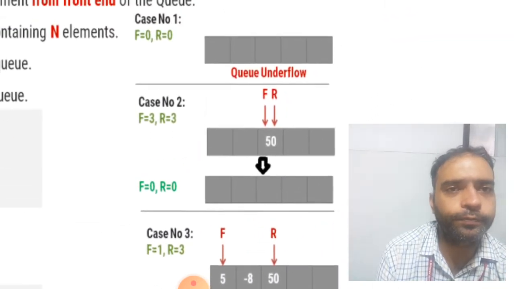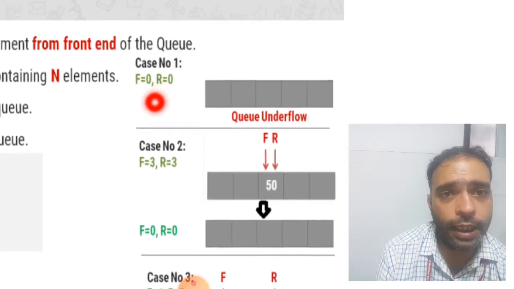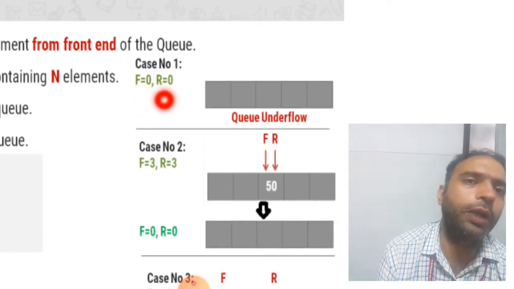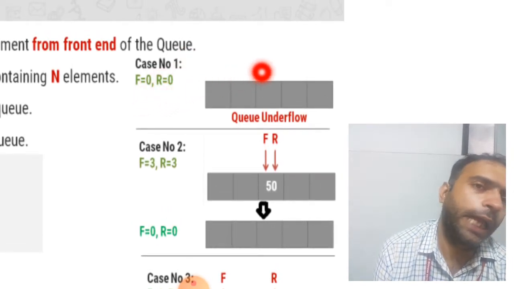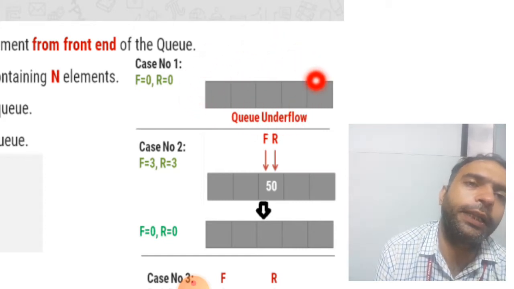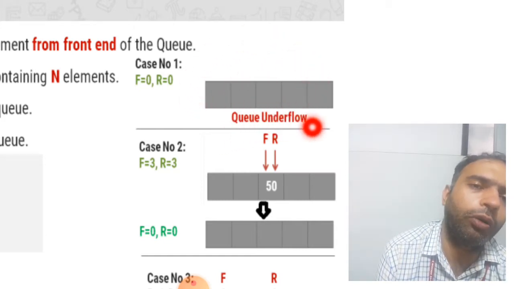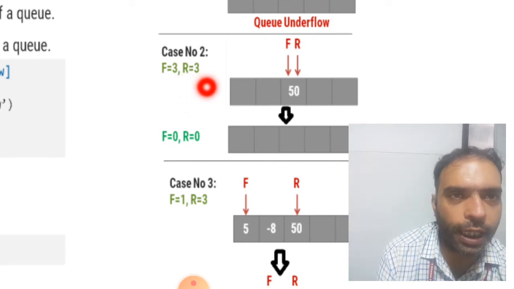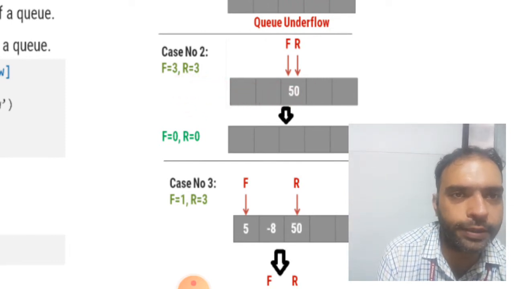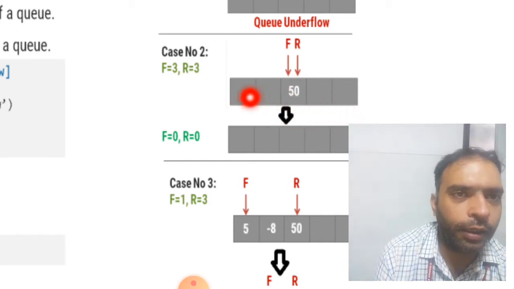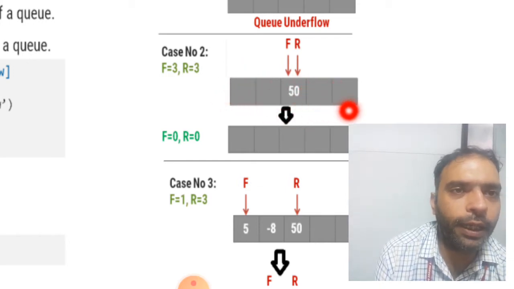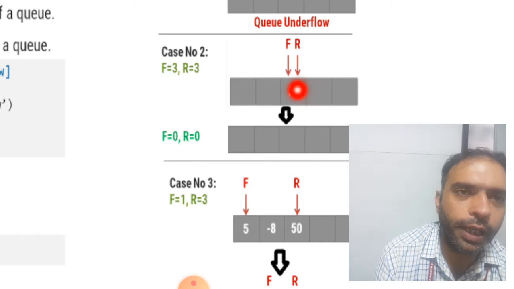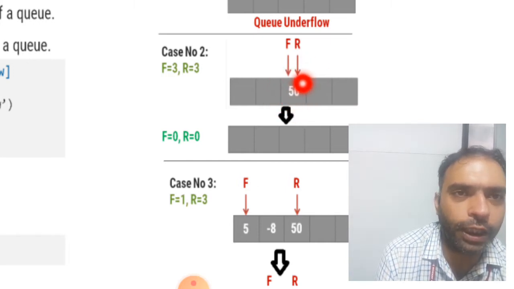So here, first case: f is equal to 0 and r is equal to 0. That means none of the elements are there, so that is q underflow. Now second case: f is equal to 3 and r is equal to 3. Here the total spaces are 5, right? One by one the elements are entered, and the rear element is 50 now.